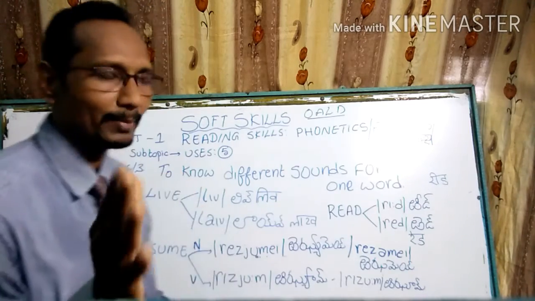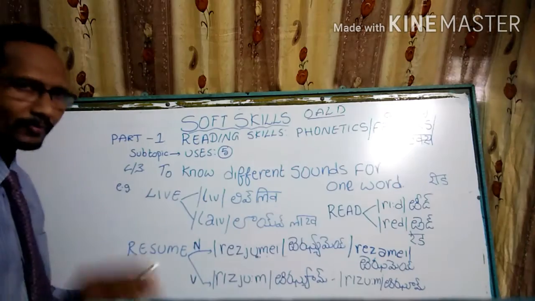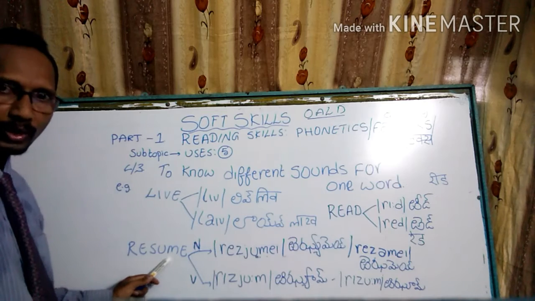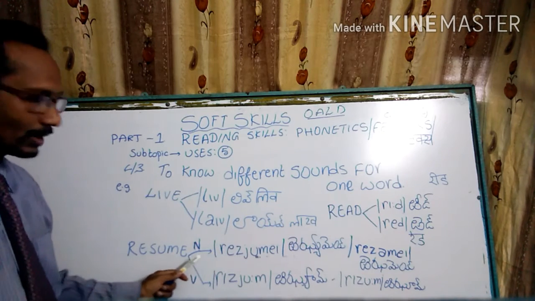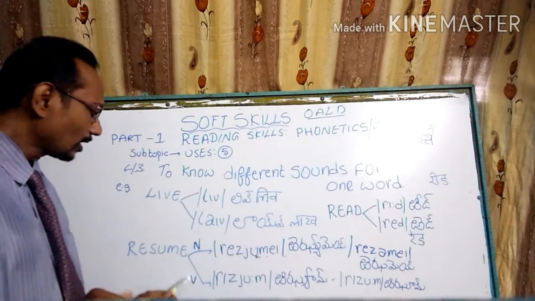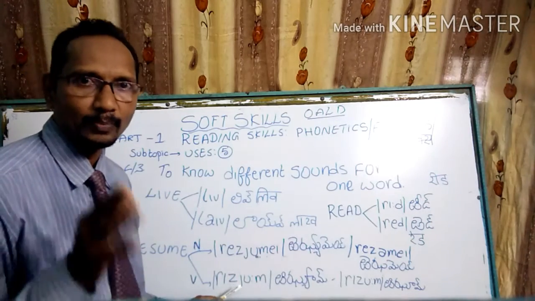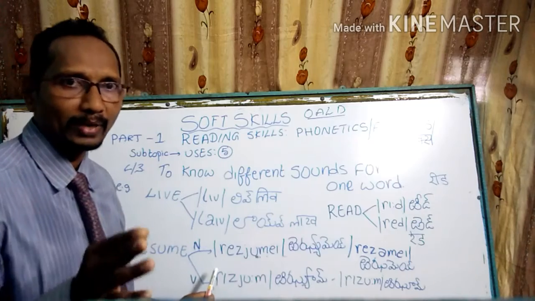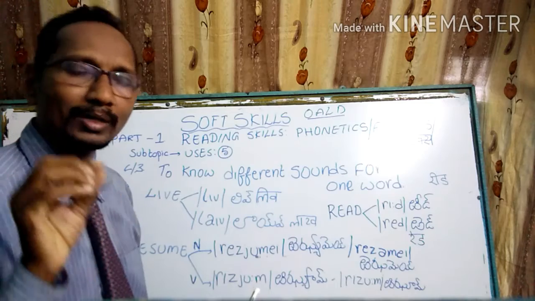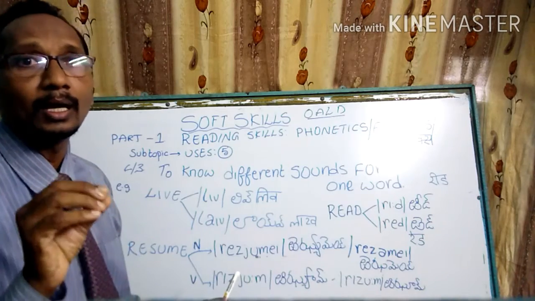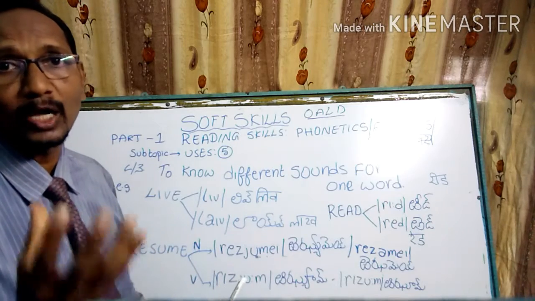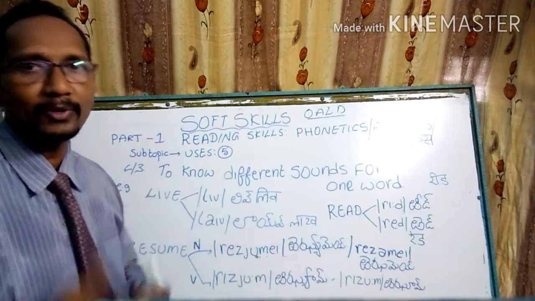So my dear students, coming to the third example, this is a very famous word, my dear students, R-E-S-U-M-E. This word we can pronounce in a noun way or a verb way. For example, those who want to get jobs, those who want to attend interviews, take one type of biodata about their self history.